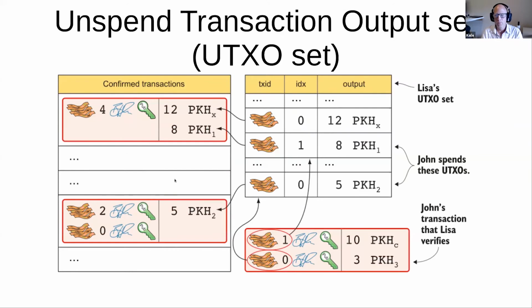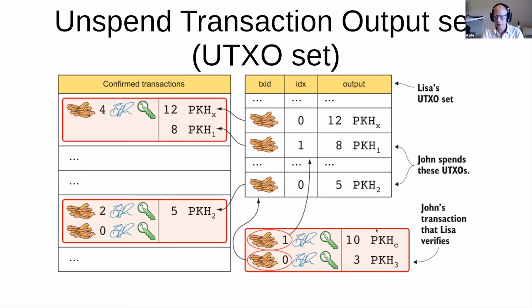Okay, so let's have a look at the spreadsheet again. We're going to talk about something called the unspent transaction output set, the UTXO set, which is also very central in Bitcoin. Lisa keeps a data structure that she calls a UTXO set, which is a table of outputs and the transaction ID and output index.